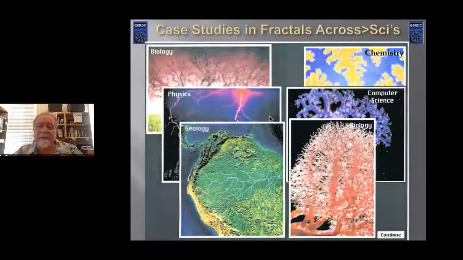This is the one that I haven't finished yet on fractals, and you can see it's an examination of one I had before. There's biology of trees, the physics of electrical discharges, the geology of river drainages, certain chemical oscillatory interactions. In computer science, the modeling of, I think it's a kidney. No, in this case it's a lung, and this is the kidney in biology.